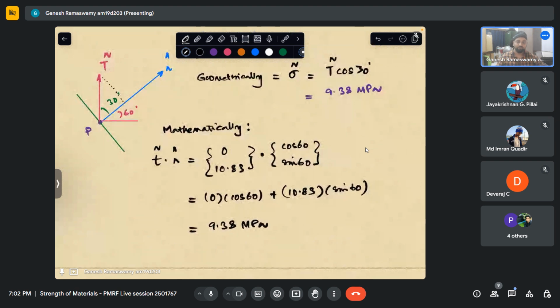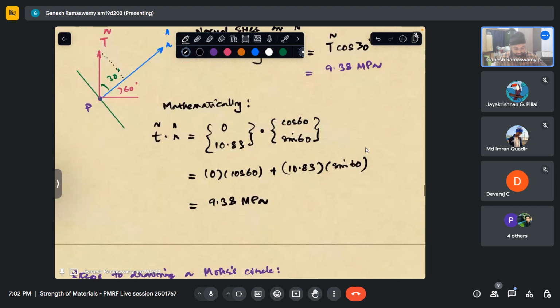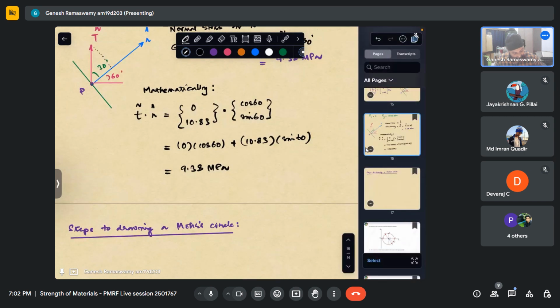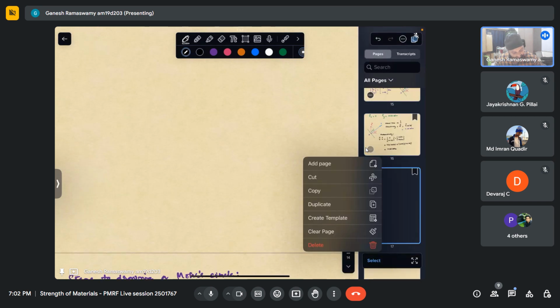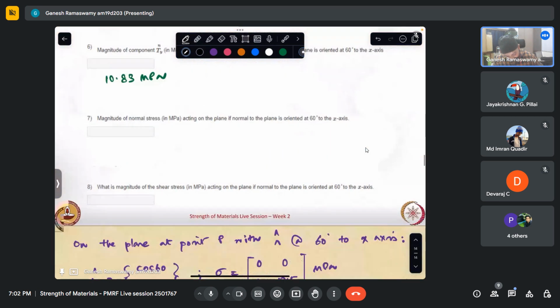I'm just telling you, given a traction vector and a normal vector, how can you find out the normal stress? If you want to go by geometry, you have to draw it. If you just want to find it using the vectors, you just have to take the dot product with that normal. So now that we have the normal stress as 9.38 MPa, let us answer this question.